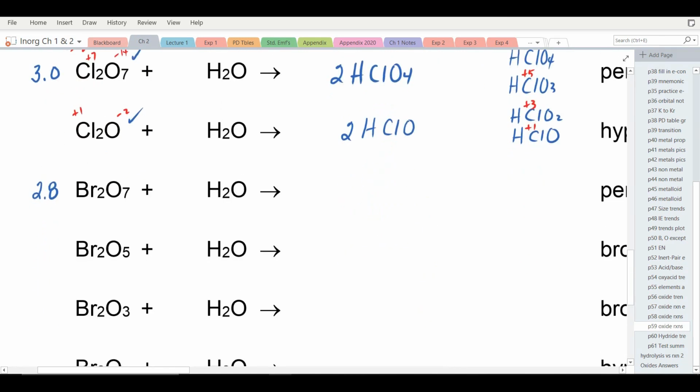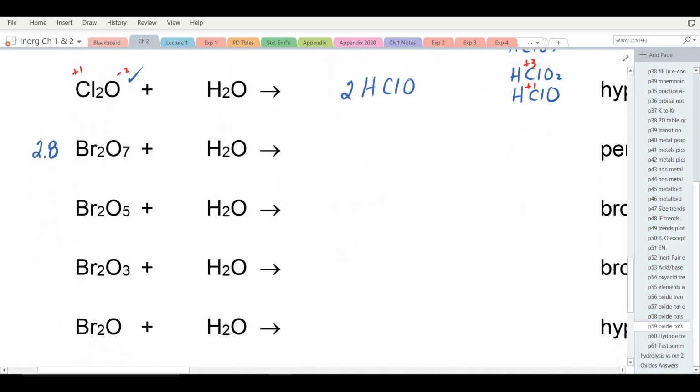For bromine, we have actually 4 different bromine oxides here. Let me just quickly say this is bromine 7, bromine 5, bromine 3, and bromine 1. What are the oxyacids formed from bromine?